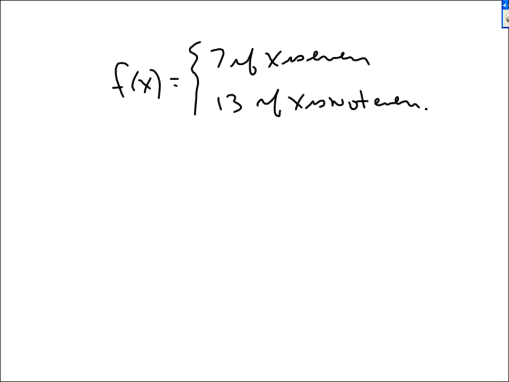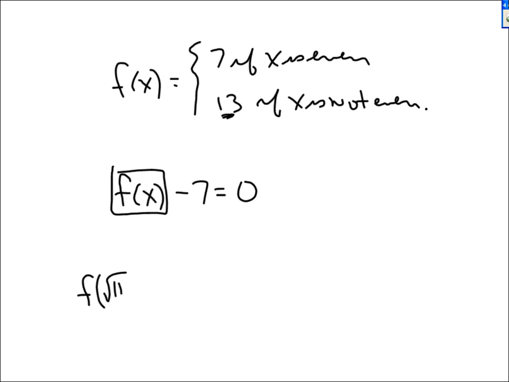So now I give you the equation f of x minus 7 is 0. Well, this is true under the condition this is 7. Is f of x always equal to 7? The answer is no. Sometimes it equals 13.